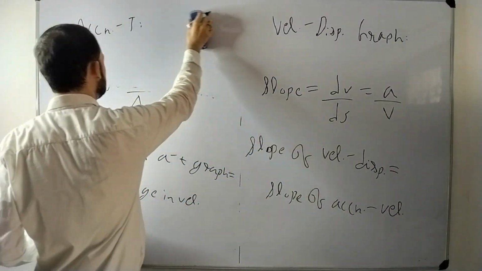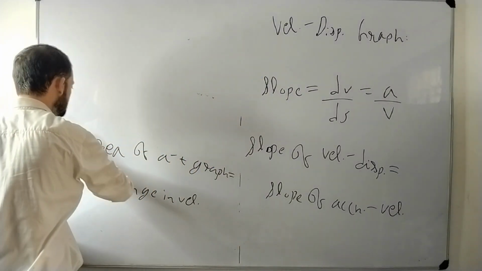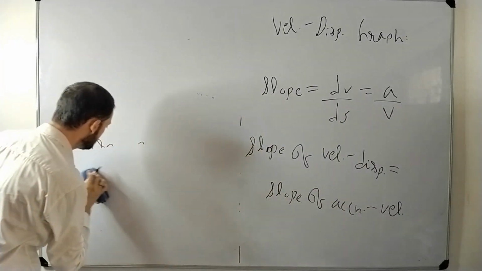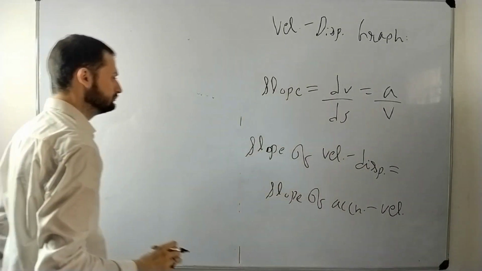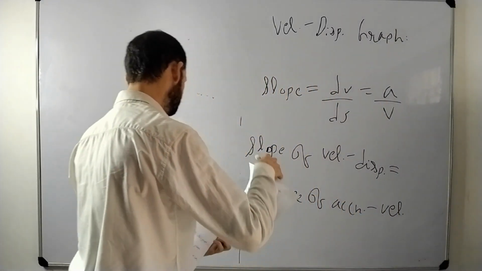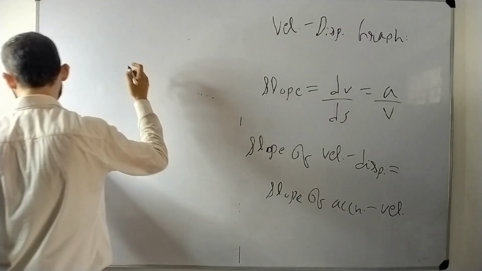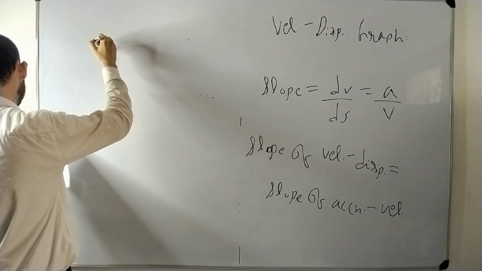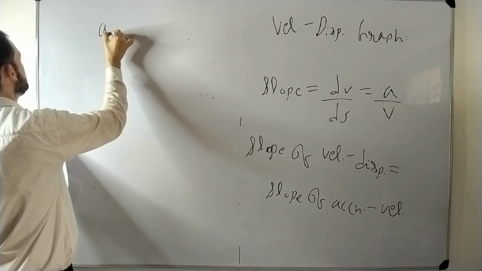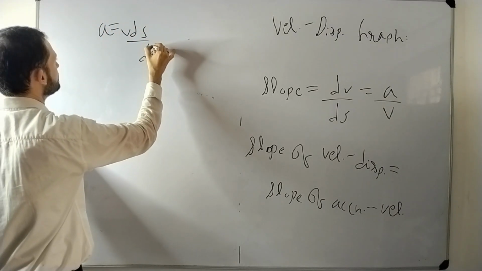Could you prove your point here, sir? You wrote something, and can you prove it? This thing you are saying. So let's see what I'm saying. Acceleration is what? V dv by ds.